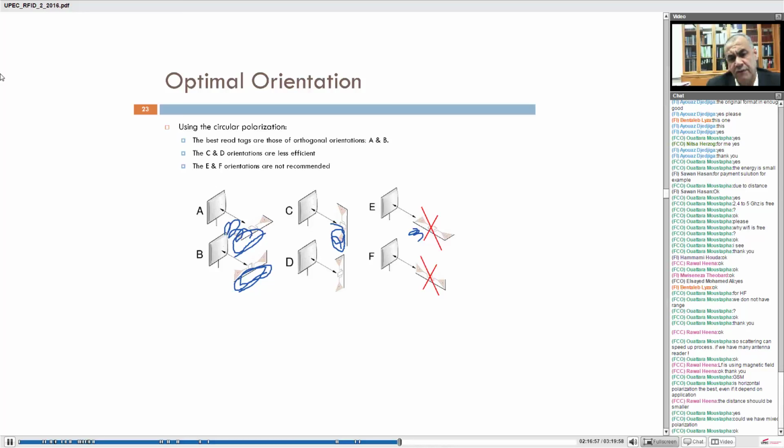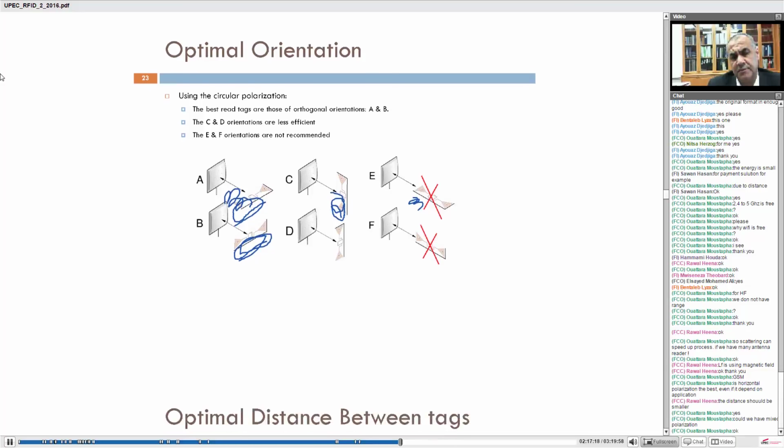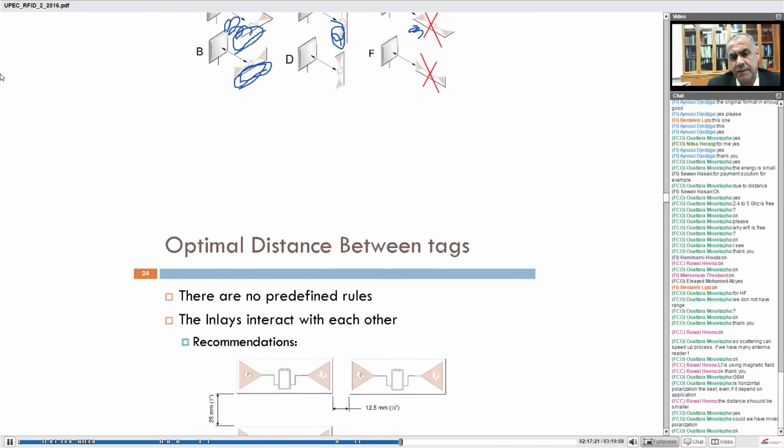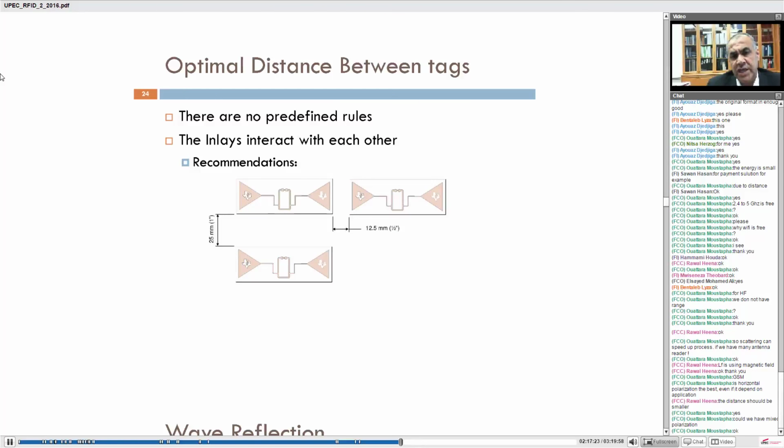This is less efficient. It is possible with circular polarization if you have this position, but with this position we cannot reach the chip easily, so it's not recommended. This position of the tags is not recommended. But if you have information about the position of your tags, you can do a right reading, but if you do not, you can combine. This is just an example.